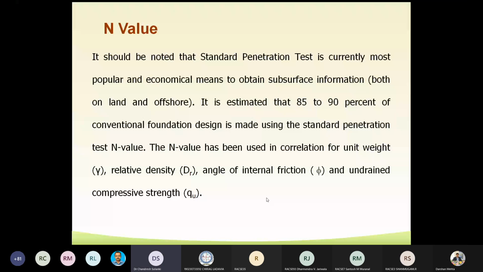The N value has been used in correlation for unit weight gamma, relative density Dr, sometimes also indicated as the density index ID or RD, angle of internal friction phi, and unconfined compressive strength qu. So these are the parameters which can be correlated with the N value. Hence, we can come to know about the strength of the soil, which can be useful in determining the bearing capacity of the soil.